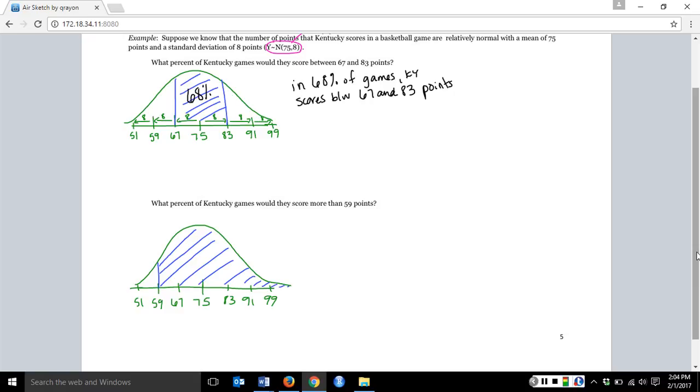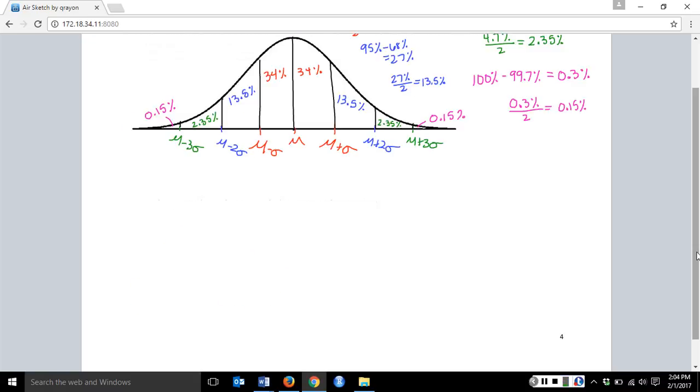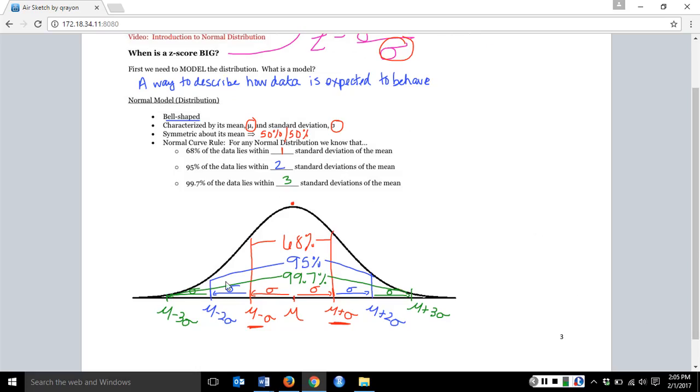Now there are different ways to put this puzzle piece together. What I'll first note is that the 59 is 2 standard deviations below the mean. So if I also go 2 standard deviations above the mean, between here and here, that's 95%, because it's 2 standard deviations away from the mean. So I'm going to get this blue idea that I have here.